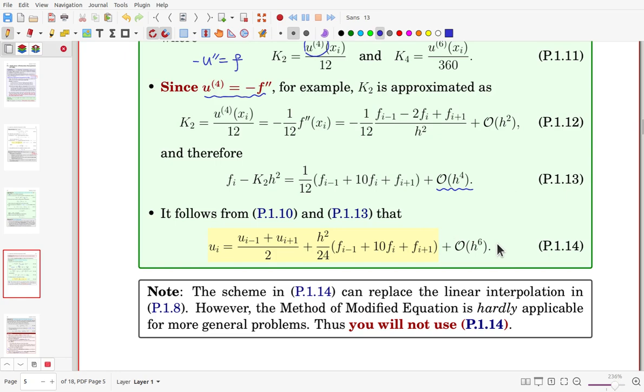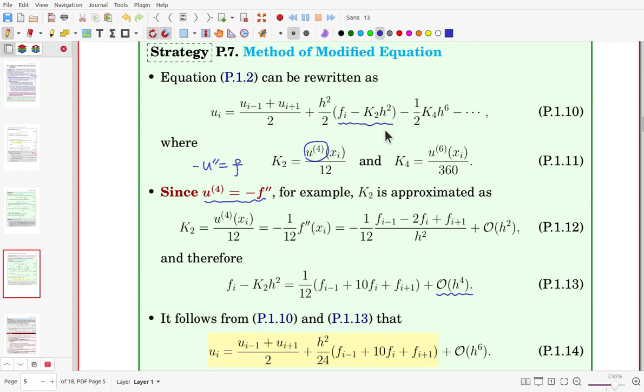There are some specific techniques for a given problem. However, some techniques are not easily generalizable. This is one example, and we'll not use it in the project.